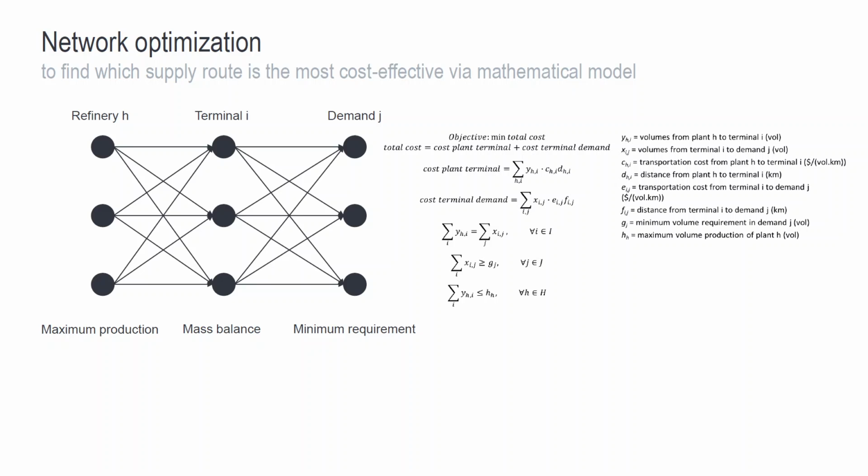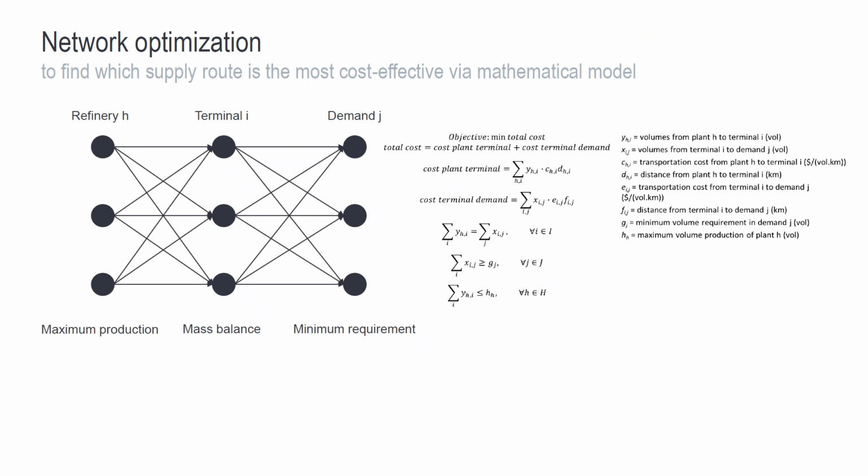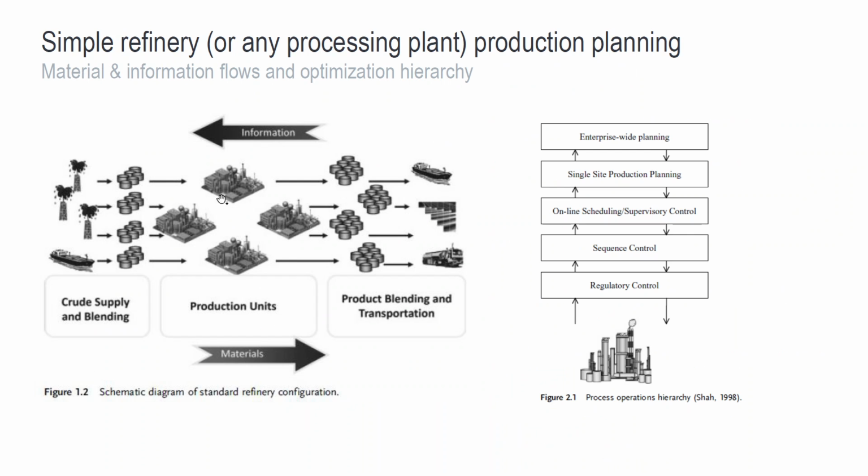Another application is what they call network optimization. It works similarly to this production planning. But in this case, as opposed to getting into the processing facilities, how the raw materials are processed into products, it deals more with this side of the diagram.